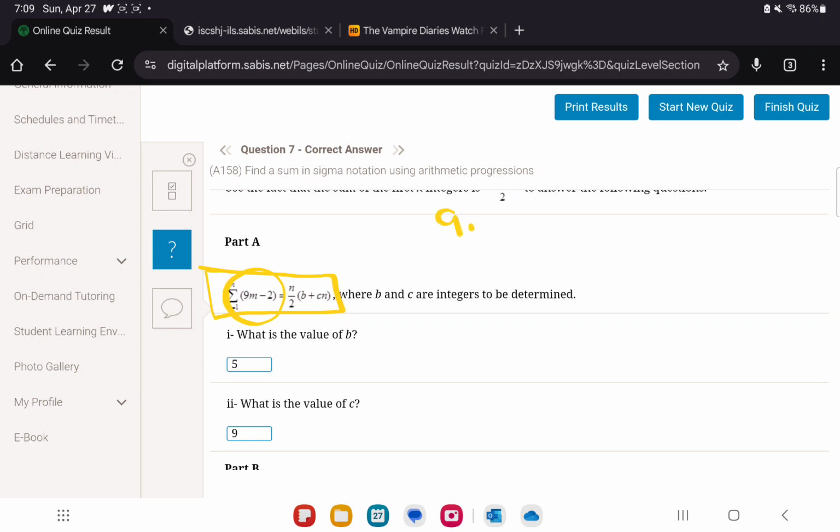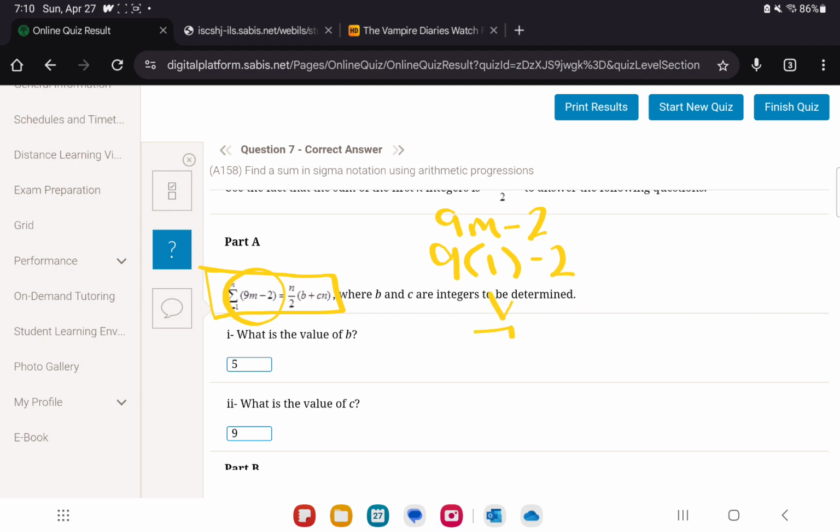So 9N minus 2. And let's fill in like number 1, 2, 3, just to get basic numbers first, okay? So 9 times 1 minus 2, sorry. Let me erase all that. 9 times N, which we're going to choose as 1, minus 2.